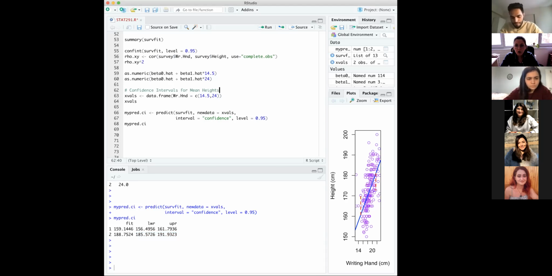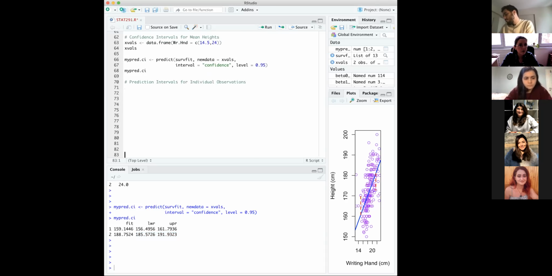Okay. I also have some prediction intervals for individual observations in here. Let me write it too. Prediction intervals for individual observations. So for this one, the predict function will also provide your prediction intervals. And we are just using the same one, like here. Just using the same function.